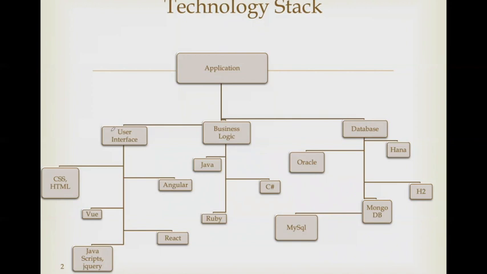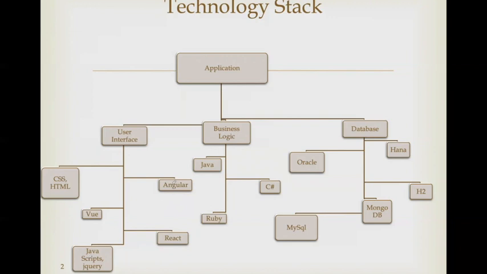So the UI is basically developed in CSS, HTML, Bootstrap, then we have JavaScript, jQuery. This JavaScript is basically to provide functionality, like an event on a button, or the UI validations.